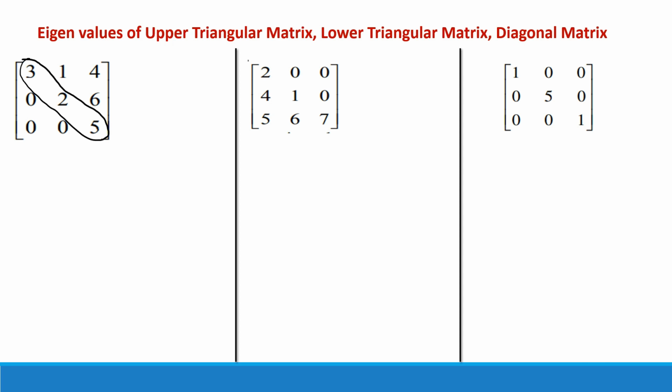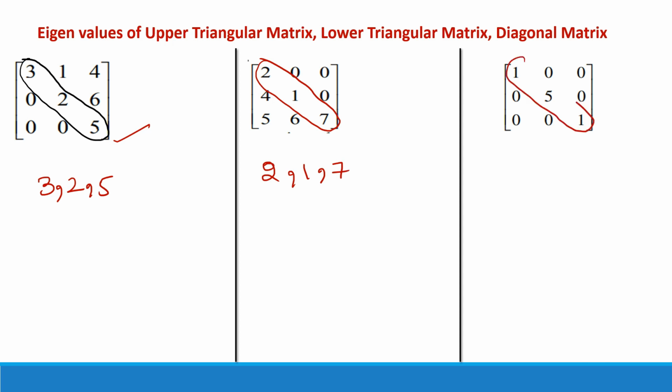For example, for this first matrix, the eigenvalues are 3, 2 and 5. For this matrix, the eigenvalues are 2, 1 and 7. For this matrix, 1, 5 and 1. For these three types of matrices, you don't need to calculate anything. The eigenvalues will be the same as the diagonal elements.